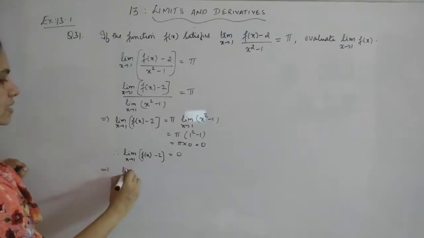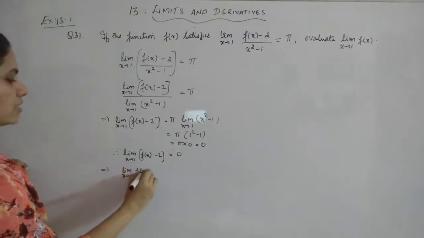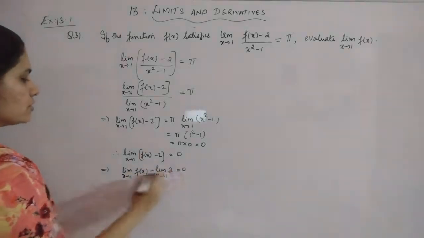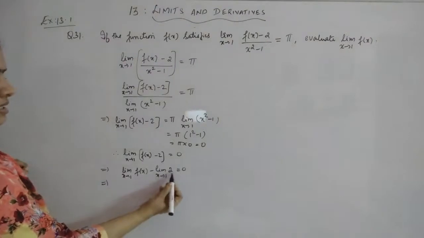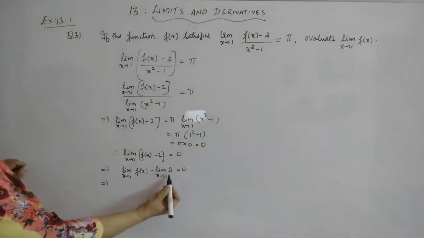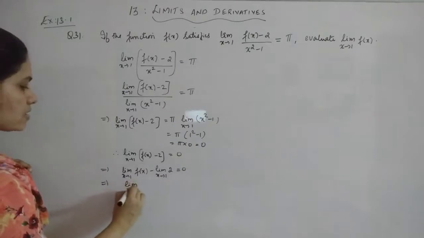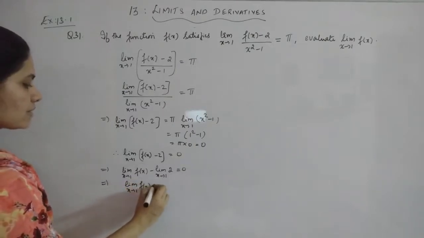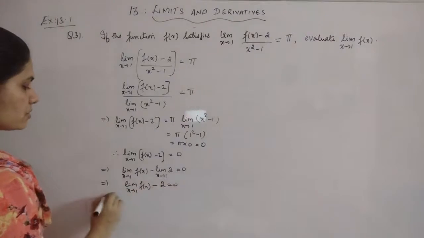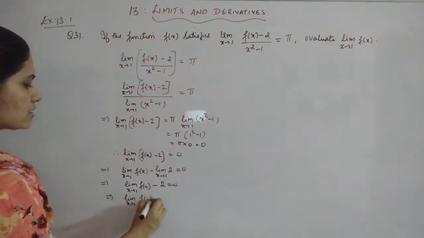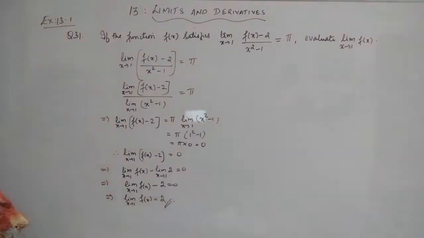You will get limit x tends to 1 f of x minus limit x tends to 1 2 is equal to 0, and you know that since this doesn't contain any x term, the value of this will be 2 itself. So limit x tends to 1 f of x minus 2 is equal to 0, or limit x tends to 1 f of x is equal to 2. So the value of the limit at x equal to 1 is 2.